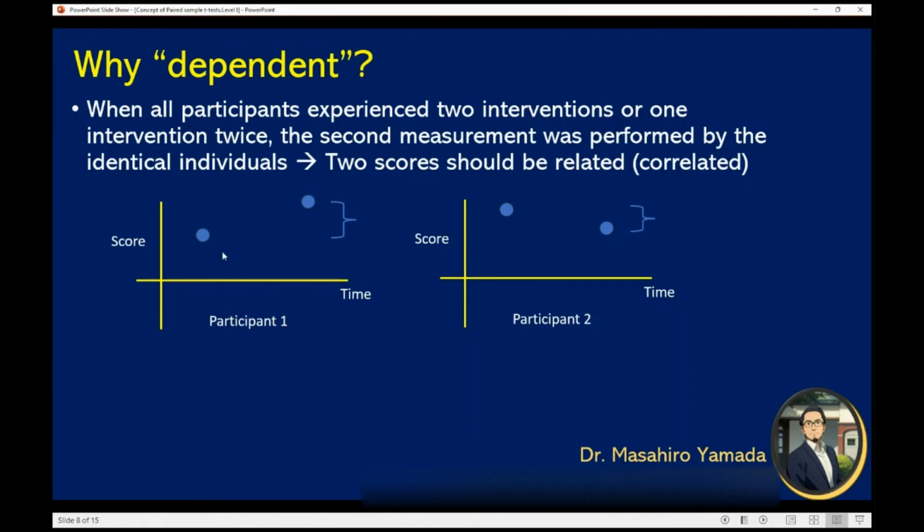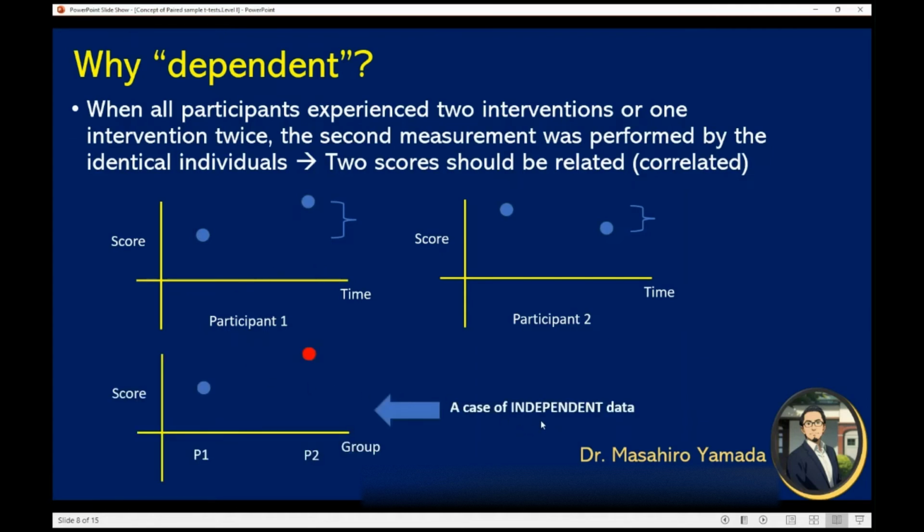Therefore, these two data points must be correlated or related with each other because they're coming from the same individual. In the case of independent data, this data point and this data point come from two different individuals. Each participant is measured only once. Therefore, the study design is a between subject design.